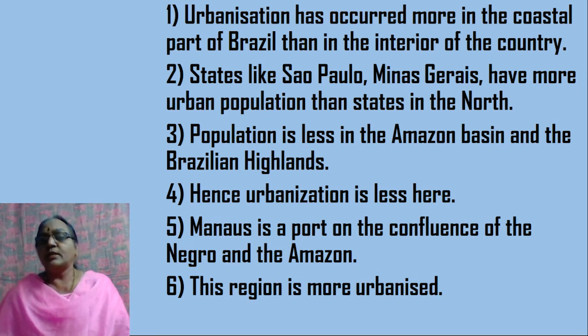This region has a favorable climate, and this region is fertile. It is used for the growth of coffee. There's abundance of minerals like iron ore, and also energy producing raw materials are here. Transport facility is very, very good, and hence urbanization has occurred more along the coastal part of Brazil.